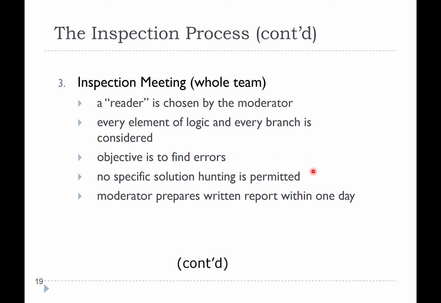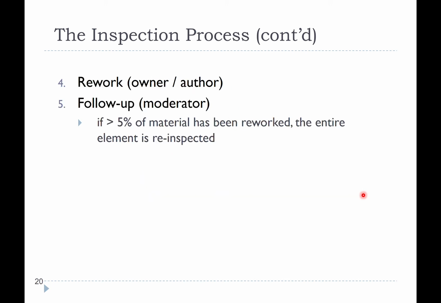All these violations are collected by the moderator, who creates a report at the end of the day and then gives it back to the owner of that document. In case there's a significant amount of errors, say 5% or more, it doesn't have to be a mathematical formula, it's more of a hunch, something I use intuition for.